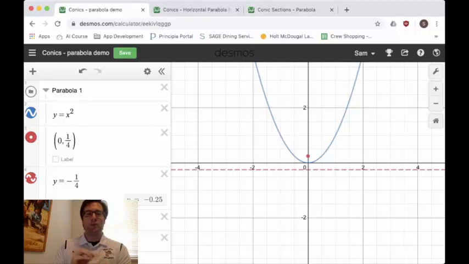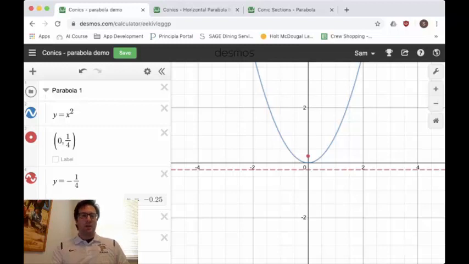But what you need to know now is that I can pick any point on this parabola, for instance, if I pick the point 2, 2 that is on the parabola, and I draw an imaginary line straight down to the directrix and draw another imaginary line connecting it to the focus, those two lines are going to be equidistant. Okay, same distance. And it's going to be the same if I choose any other point on the parabola.